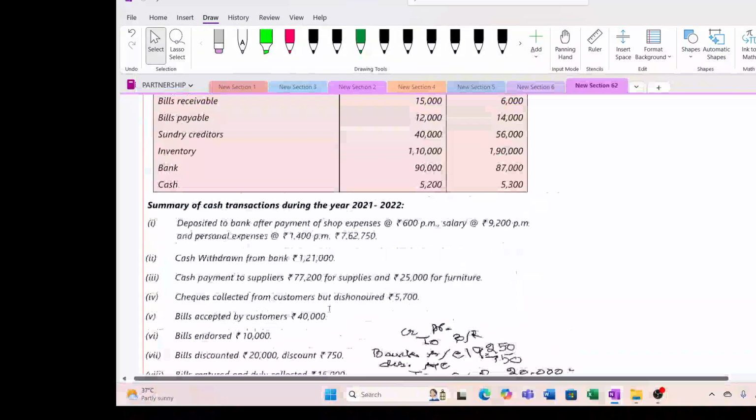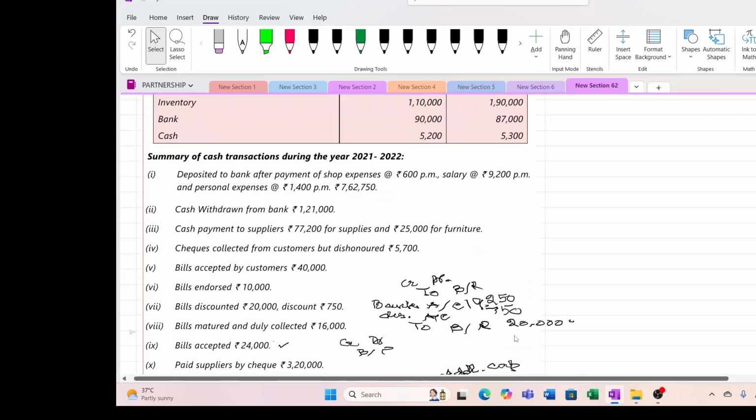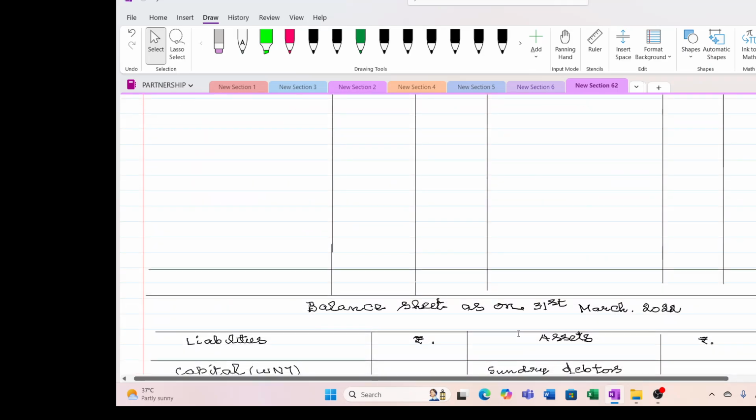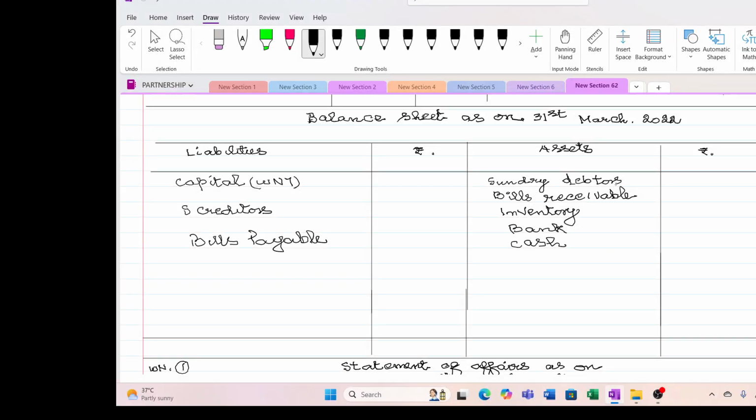See here, I have already posted all these things. Now I am going to post all these balances in my closing balance sheet as on 31st March 2022. The sundry debtors is 92,000. Okay, and the bills receivable is 6,000. Inventory is 1,90,000.